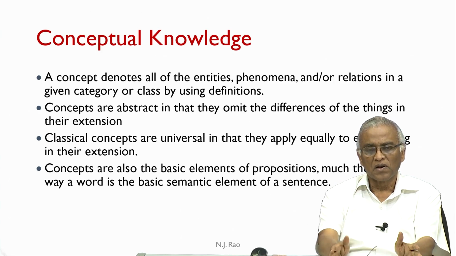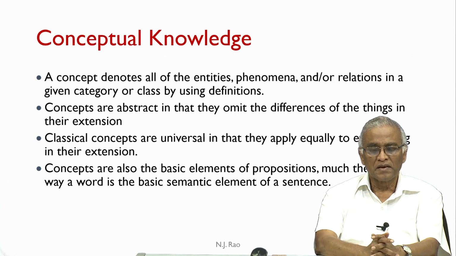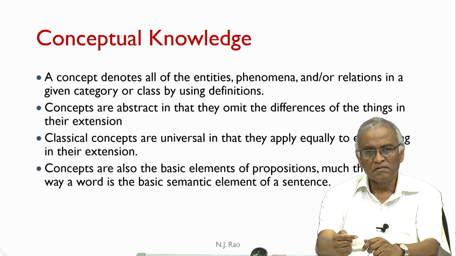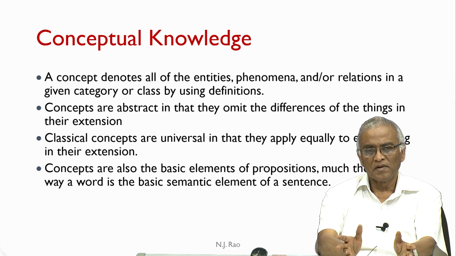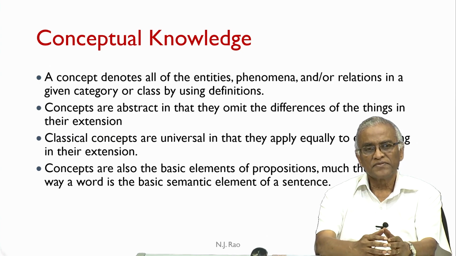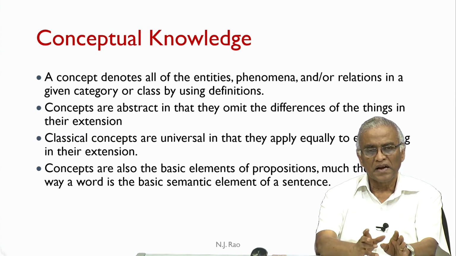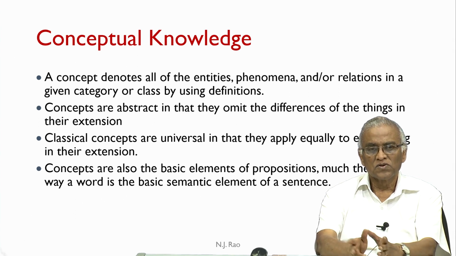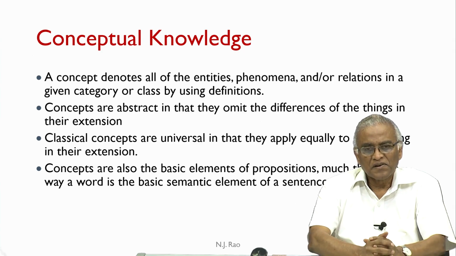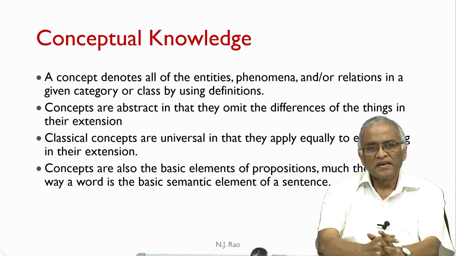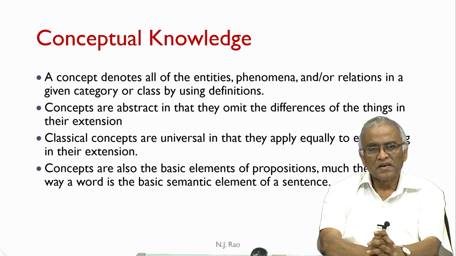Similarly, if you take the concept of leaf, I can recognize something as a leaf, but all leaves are not the same. So I have certain properties that satisfy something to be called a leaf.